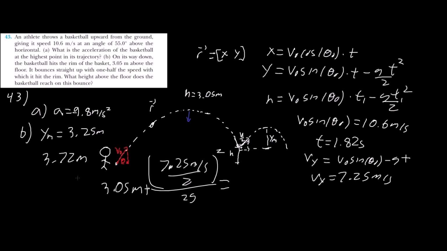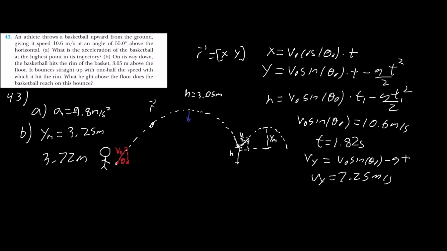So this is going to be the solution manual. Anyways, folks, the actual solution is 3.72 meters, because I did look at the solution manual and I was a bit confused, but that's only because the interpretation is a bit different.